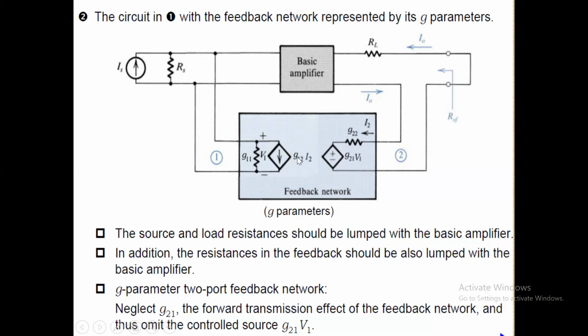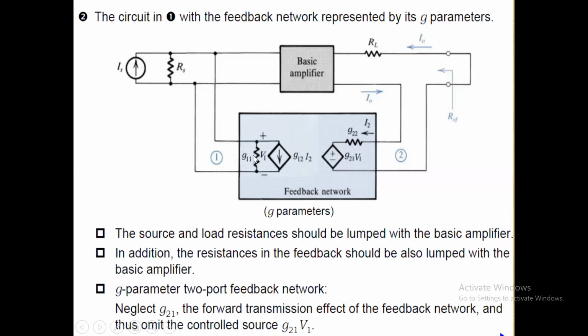Let us not bother about the dimensions of G11, G12, G21, and G22. Let us just consider that on the output side we are writing a Thevenin model. On the input side we are considering a Norton model.